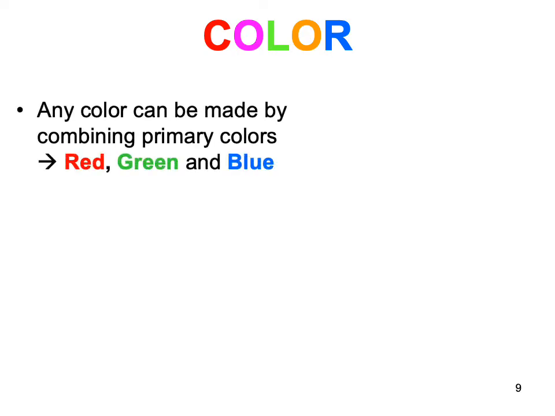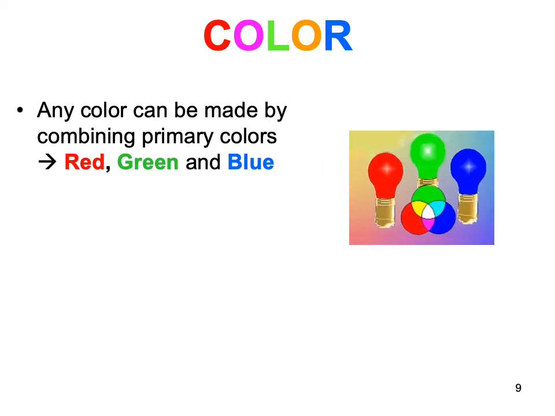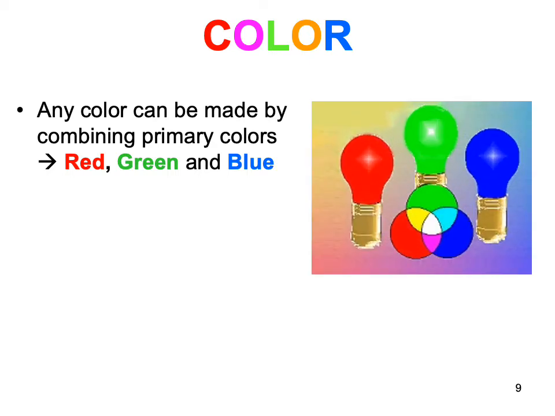The color corresponds to the frequency of the light, or the wavelength of the light. You remember the frequency and the wavelength are inversely proportional, right? And any colors can be created by combining three primary colors: red, green, and blue, right?